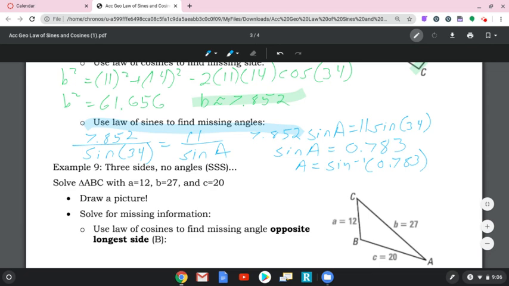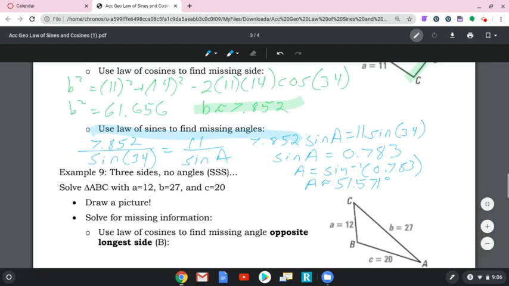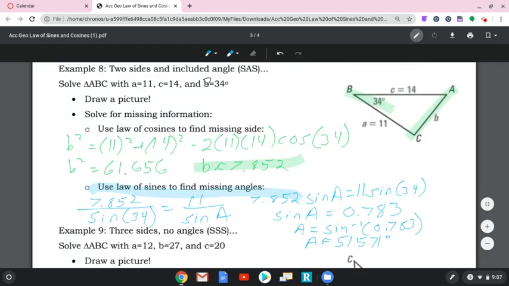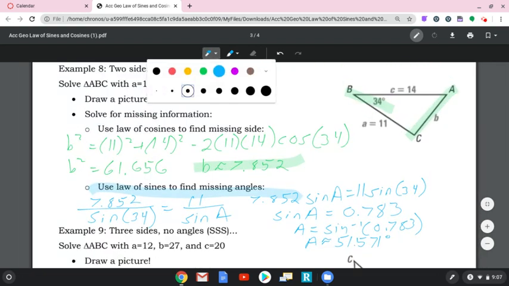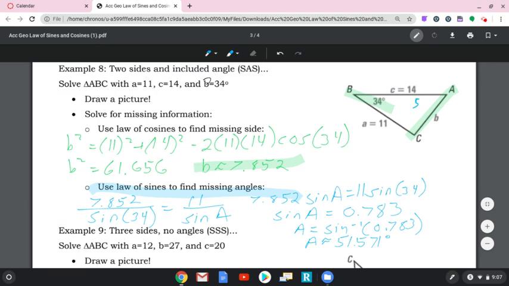So you're doing second sine, and then put in that answer, and you should get angle A to be approximately 51.571 degrees. So now I have my angle A.